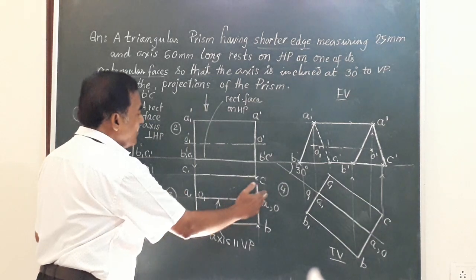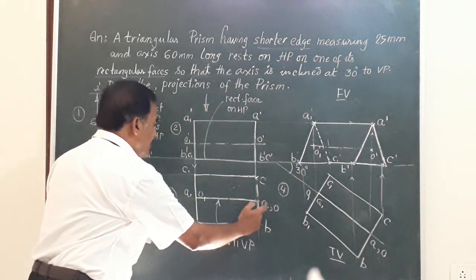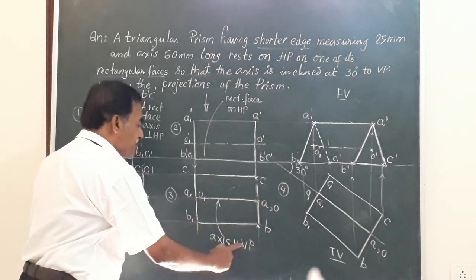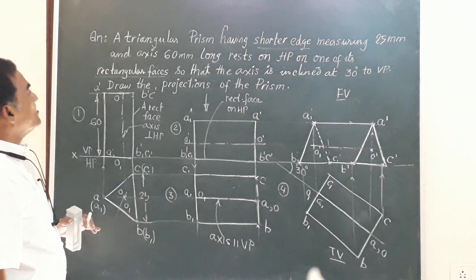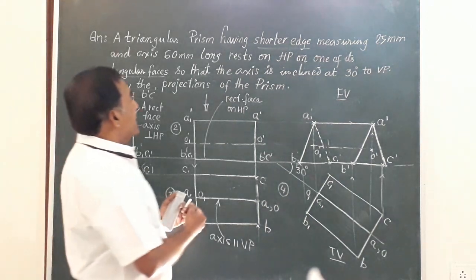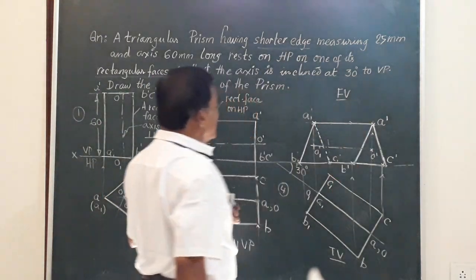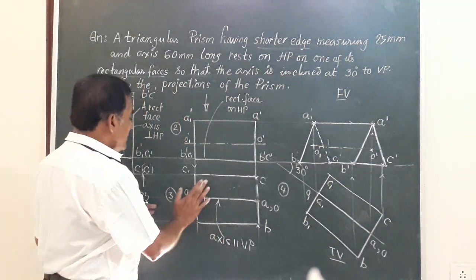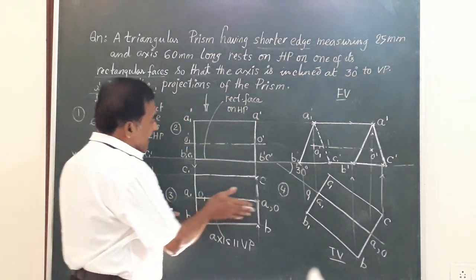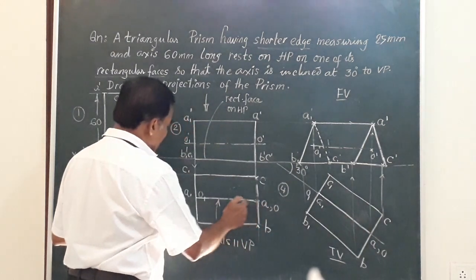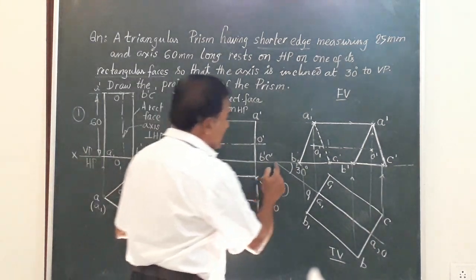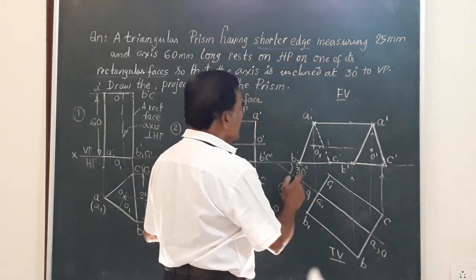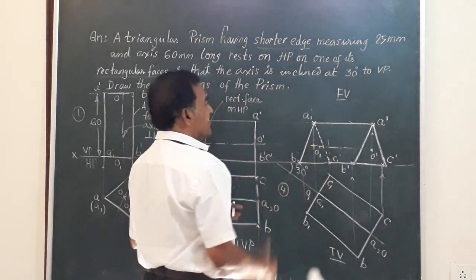So we have got the top view, and in the top view, the axis O1 is parallel to VP. But in the question it is specified the axis has to be at an angle of 30 degrees to VP. So I have redrawn this figure 3 as figure number 4 with the axis O1 inclined at an angle of 30 degrees to VP and obtain the front view.